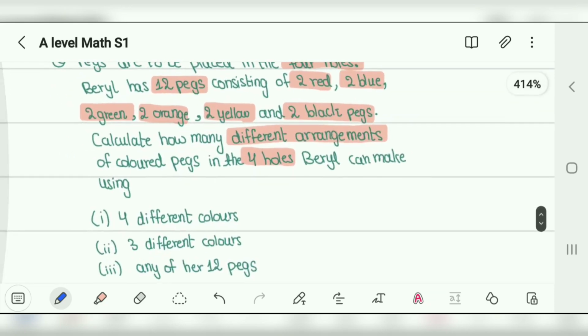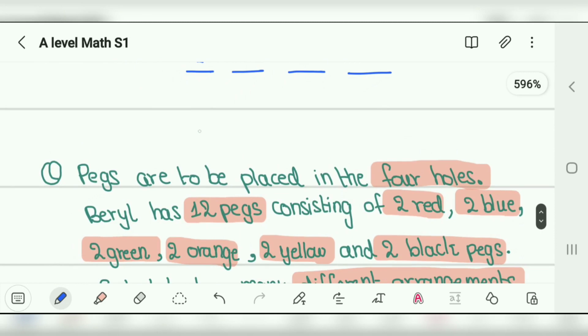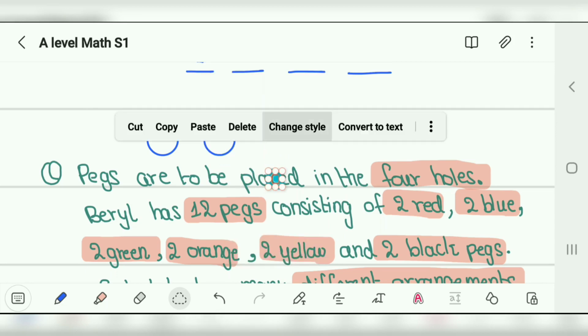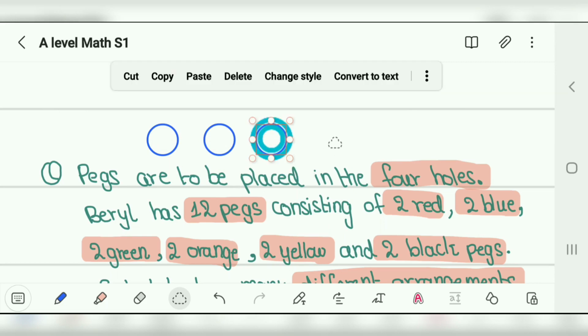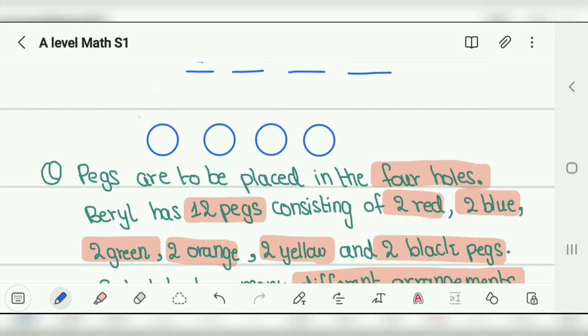Okay, now we have this. Pegs are to be placed in the 4 holes. The 4 holes are as follows, like this. There you go.